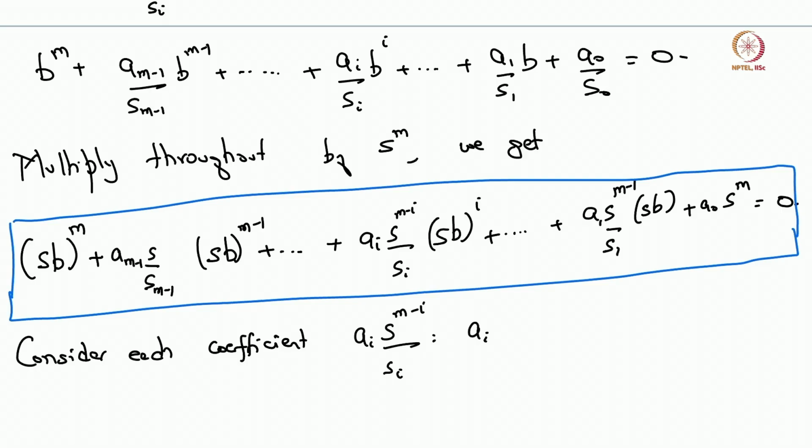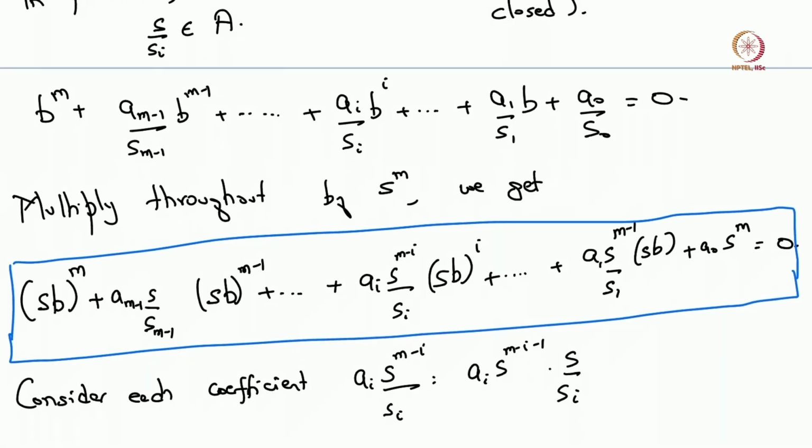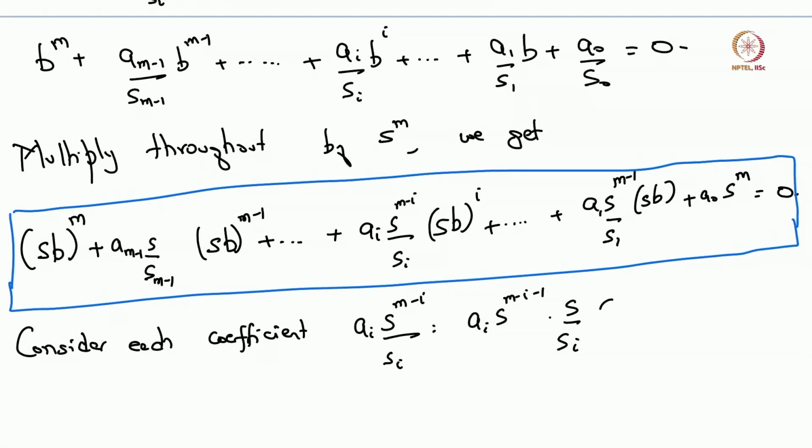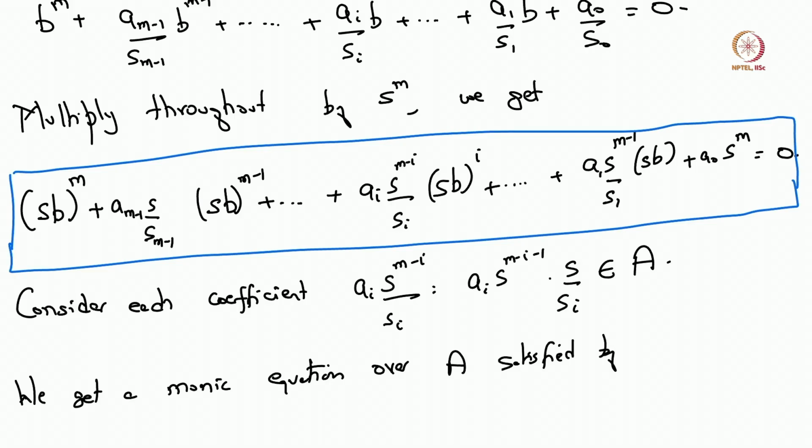And so if you just write this as Ai s raised to m minus i minus 1 times s divided by si, we've just seen earlier that the ratio s over si belongs to A. So you're multiplying three things that are in A, so this product should also lie in A. Okay. And what that means is we get a monic equation over A that's satisfied by sb.